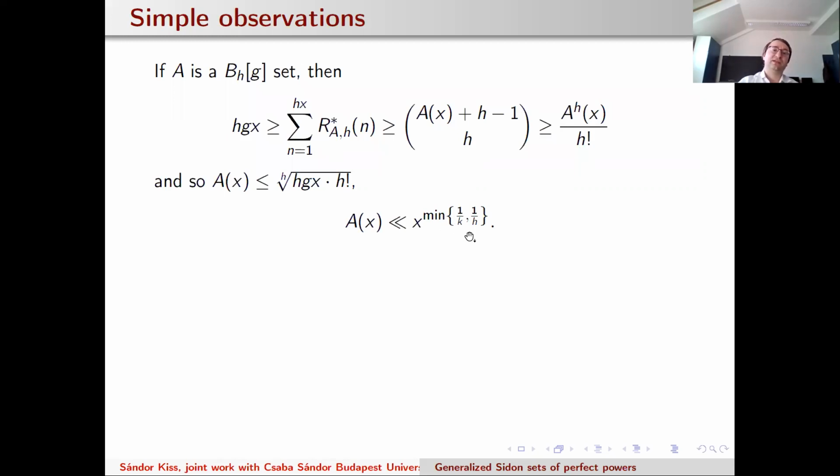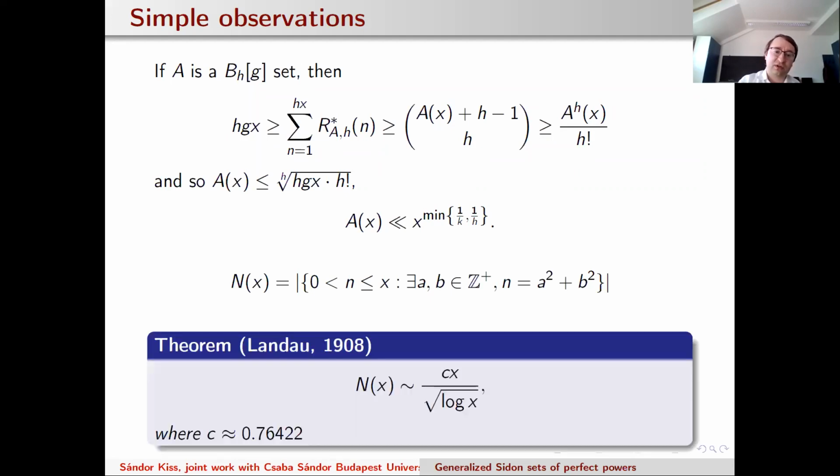But it turned out that this can be improved a little bit. So if we consider this quantity, which is the number of positive integers up to x that can be represented as the sum of two non-zero squares, then a well-known theorem of Landau states that N(x) is asymptotically constant times x over square root of log x, where c here is the well-known Landau-Ramanujan constant.